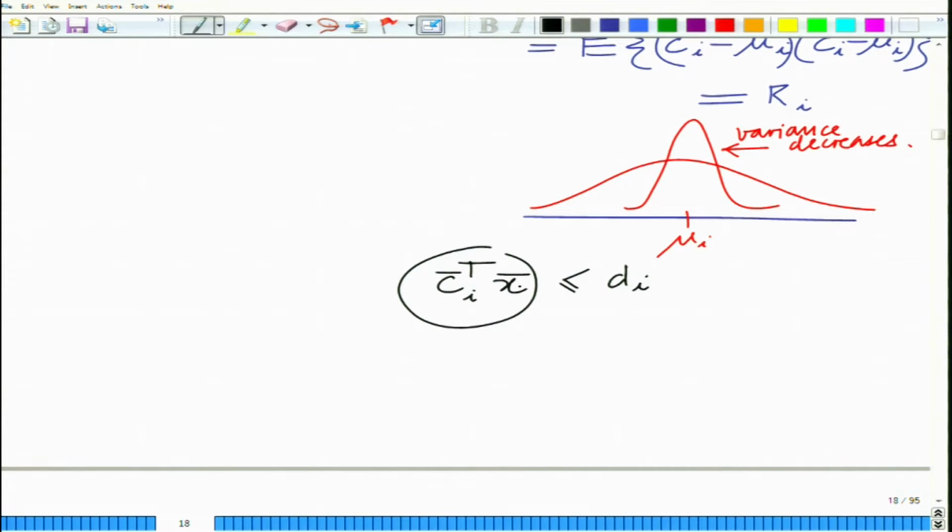Therefore, c bar i transpose x bar is also random because c bar i is a random vector. And in fact, you will realize something interesting, that this is also Gaussian.